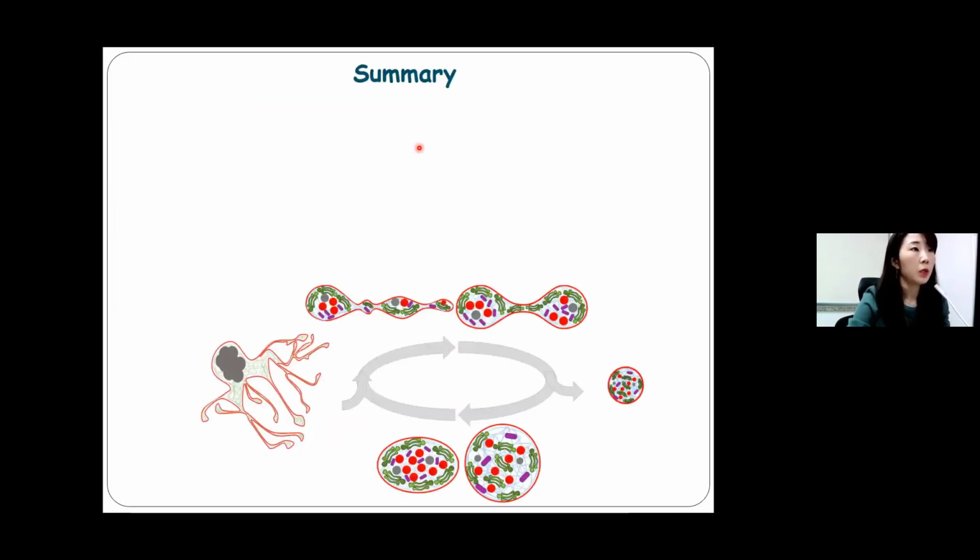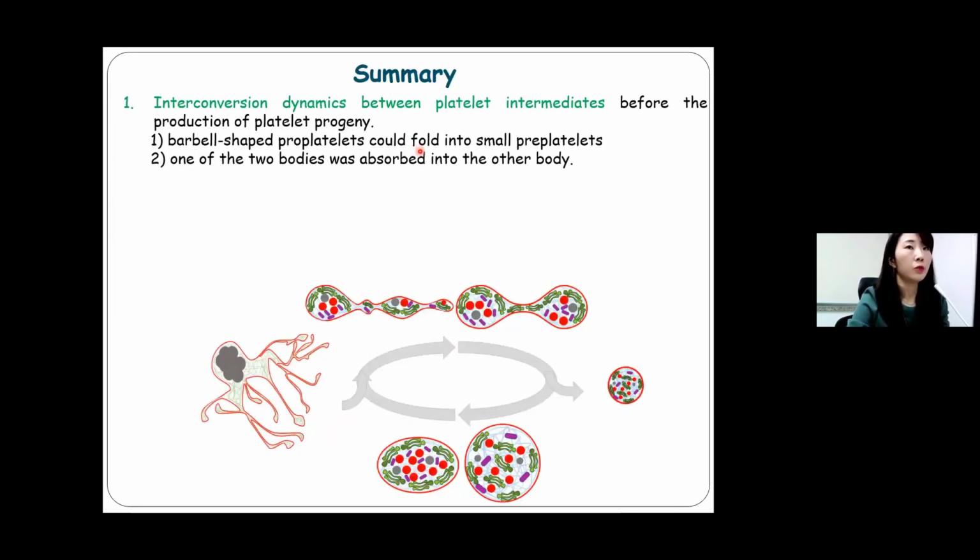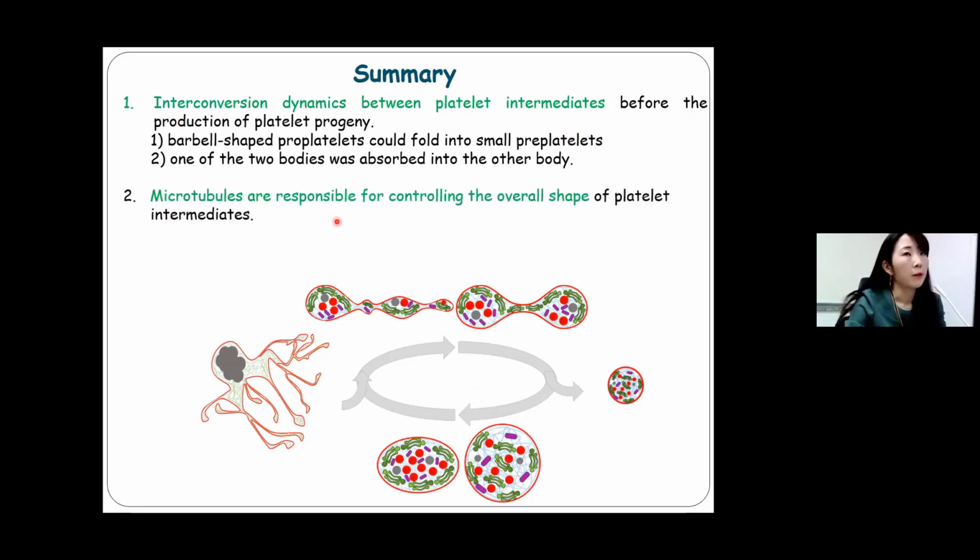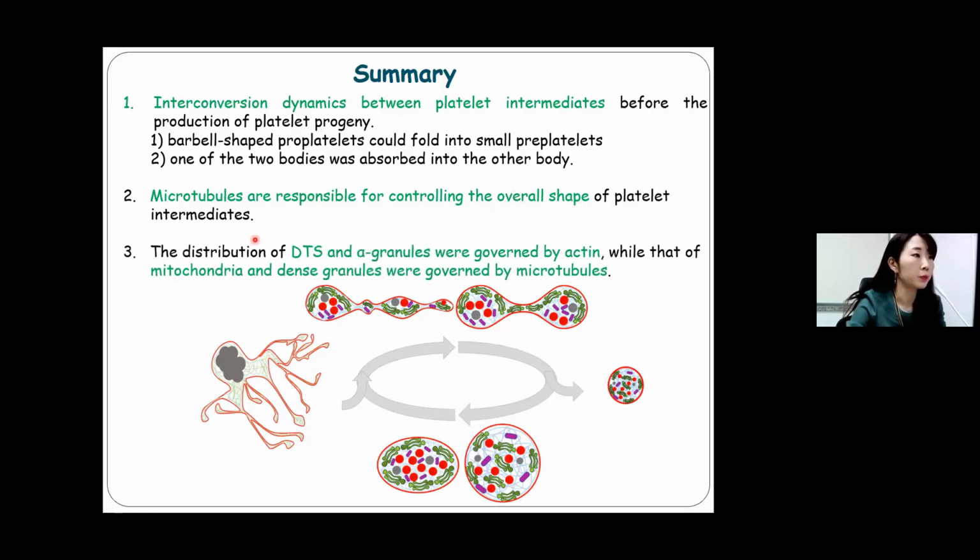So in summary of this part, by using live cell phase microscopy, we could observe the interconversion dynamics between various platelet intermediates. It seems that there are multiple different pathways for the interconversion between them. And from the STORM imaging of various organelles inside this platelet, we could confirm that microtubules are responsible for controlling the overall shape of the platelet intermediate.